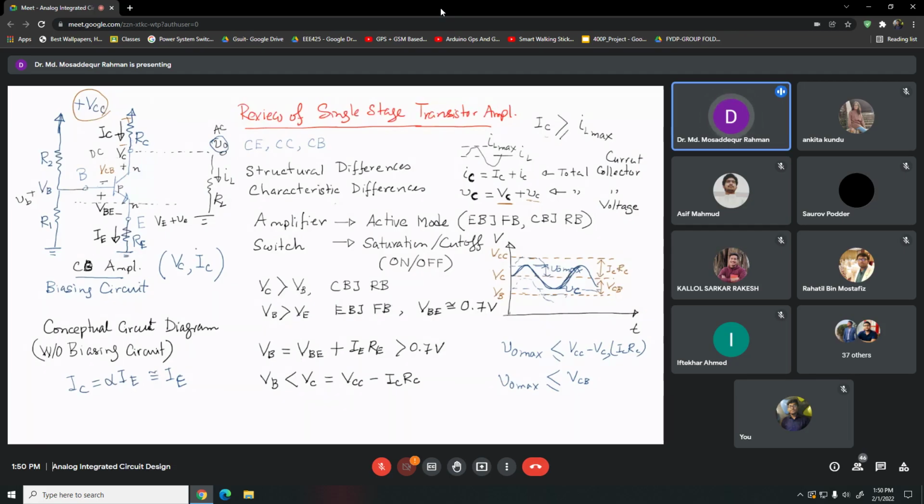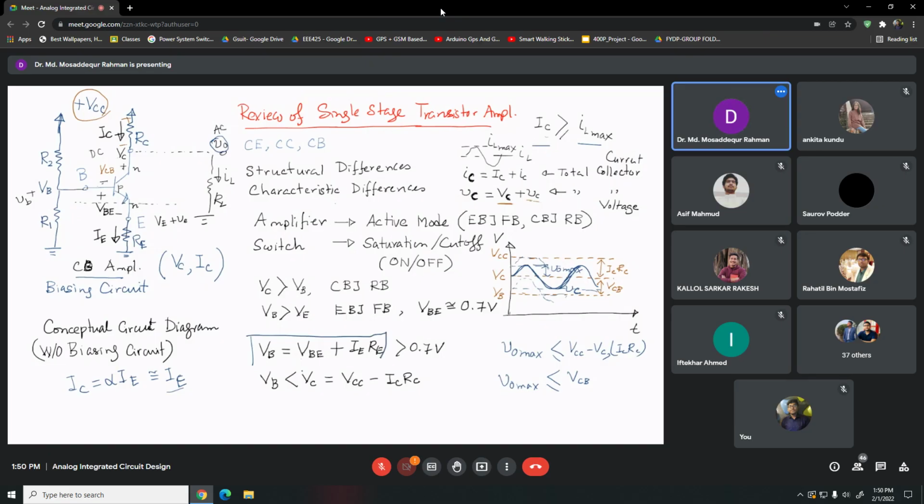You first determine how much is the demand of the load current. From that, you determine how much the collector current should be. Then IC is almost equal to IE, so the IE value should be that. And in order to determine the value of IE, you use this equation.